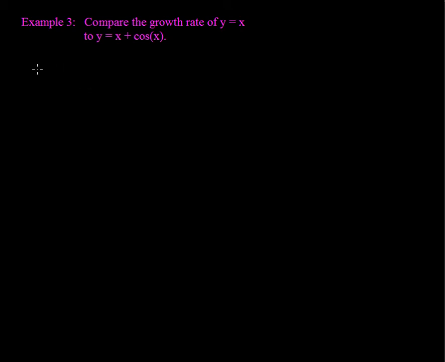Okay, so again, we'll take our limit. So example 3, and you're going to take the limit as x approaches infinity of, let's put the messier one on top, x plus cosine of x over x.